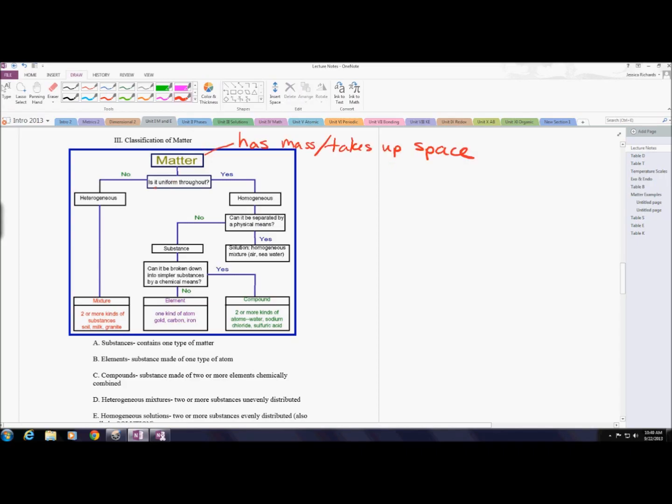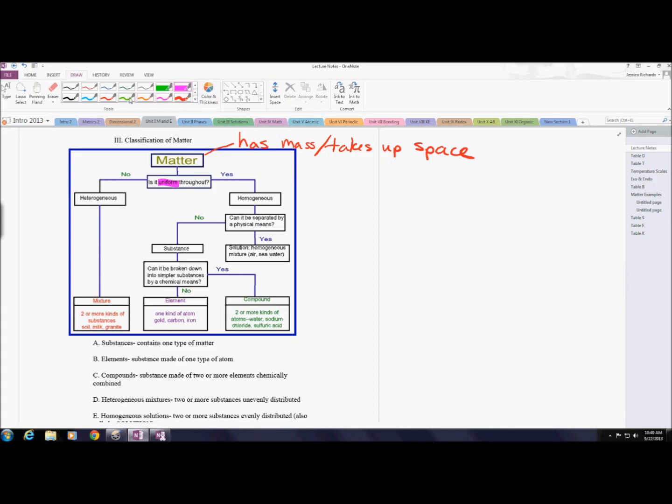Is it uniform throughout? So what they mean is if you grab two random samples of the substance, does it have the same composition all the way through, or will it be different from one piece to the next? Granite they like to use for an example a lot because they think you remember it from earth science.